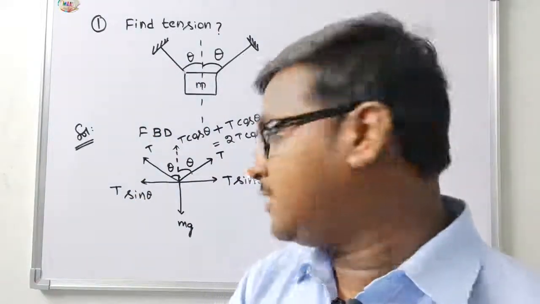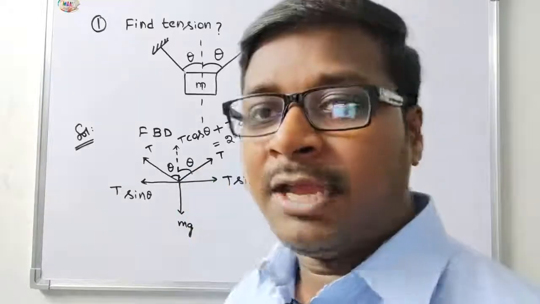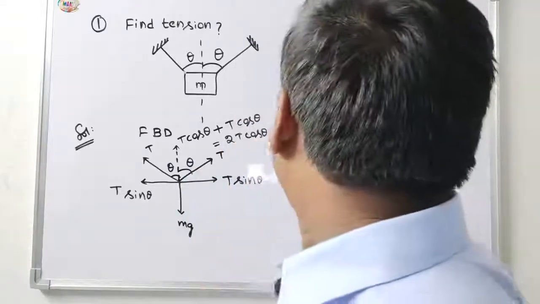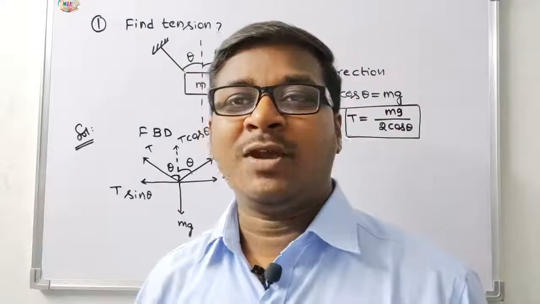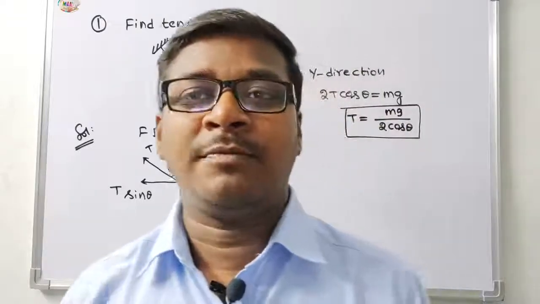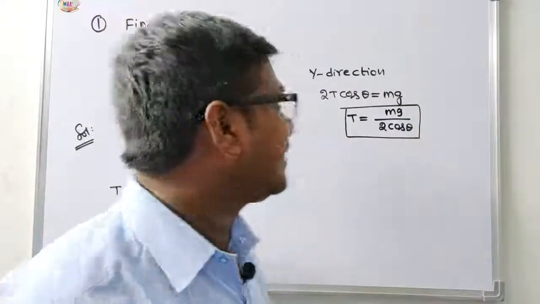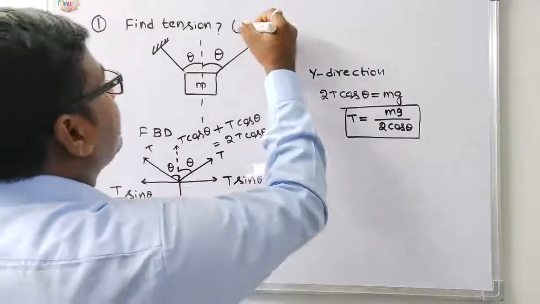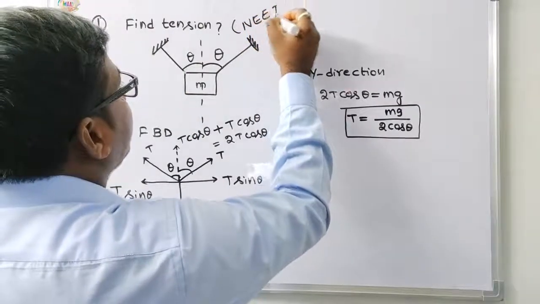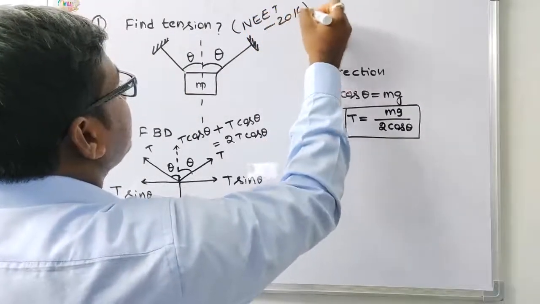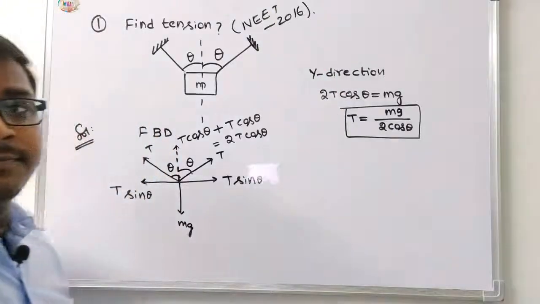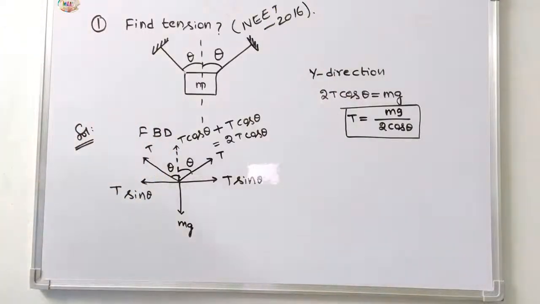T cos theta plus T cos theta, 2T cos theta, is equal to mg. Then T is equal to mg by 2 cos theta. So a very simple problem. This same problem was asked at NEET level in the 2016 edition. It's a very important problem. This is the first problem.